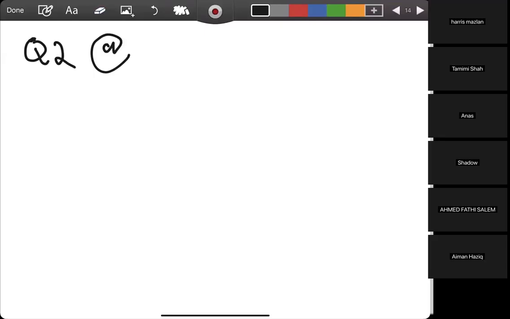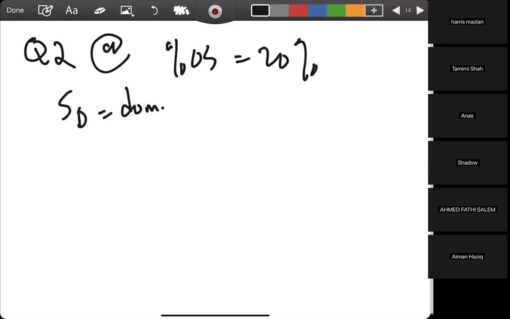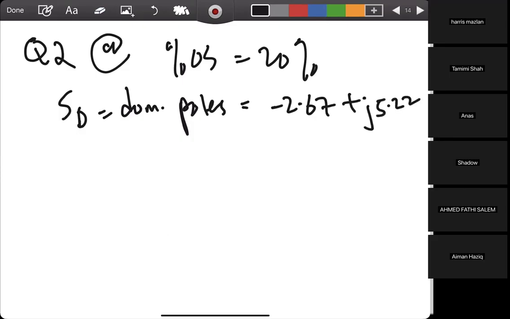There is no root locus plot given, just overshoot 20% and dominant poles given by minus 2.67 plus j5.22. Okay. Determine the gain K.